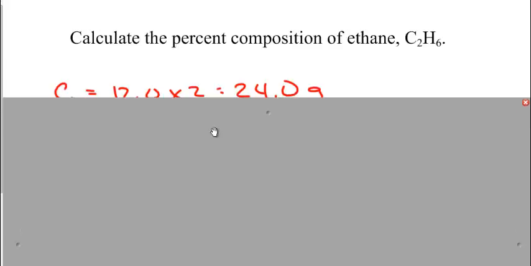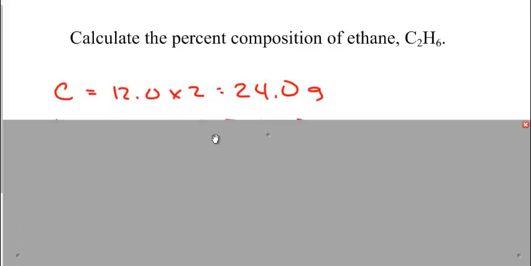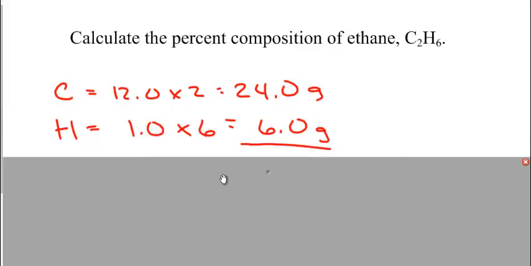I can also calculate the percent composition given a formula for a compound. If I know that my compound's formula is C2H6, I have 2 carbons and 6 hydrogens. Looking up carbon on the periodic table, its mass number is 12.0, times 2 gives me 24.0 grams of carbon. What about hydrogen? Hydrogen's mass from the periodic table is 1.0, times 6 is 6.0 grams.